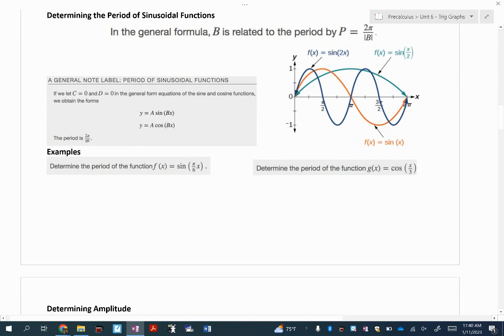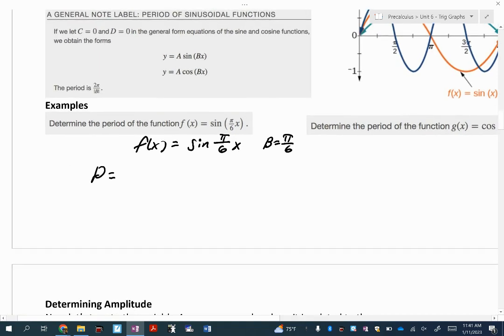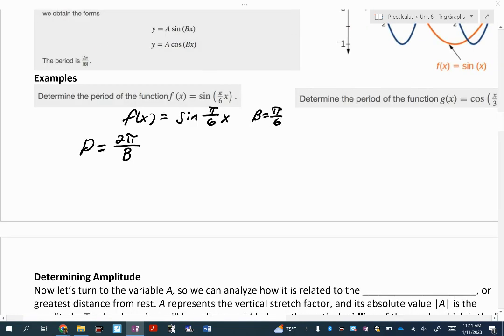So let's first try to find the period. Notice here, this is the function sine of, and I'm going to write pi over 6 in front of that x. So my letter B is pi over 6. The period of a function is 2 pi divided by b. So I need to do 2 pi divided by pi over 6.